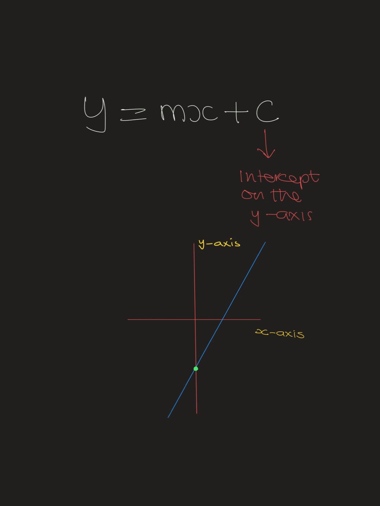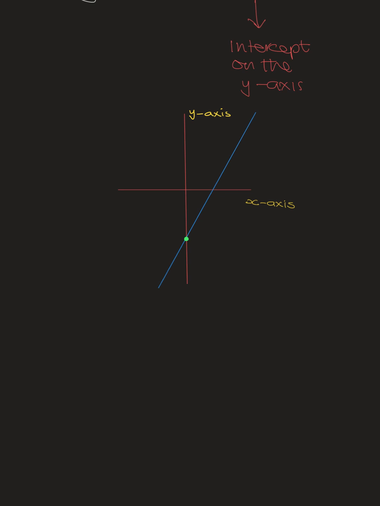The x-intercept is where the graph cuts the x-axis, that is here. So the intercepts, whether y or x, can be found by equating one of the variables to 0. Let me explain that. So if I want to find the y-intercept, which is the same as c, then x has to be equal to 0. Right?